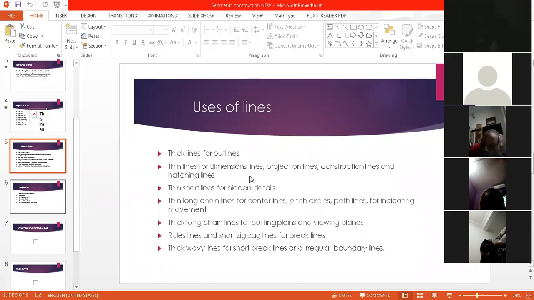Chain lines are the ones that have short breaks at intervals. Yes, who else? Abdul Latif, I hope I've been able to answer your question. Okay, please, who else? Kindly indicate.